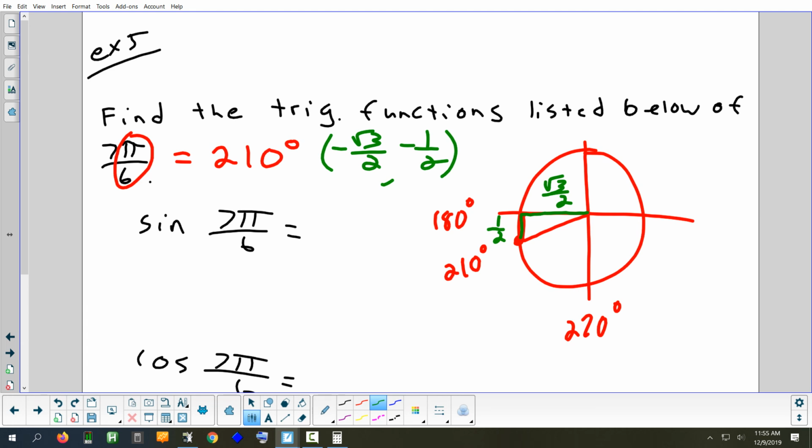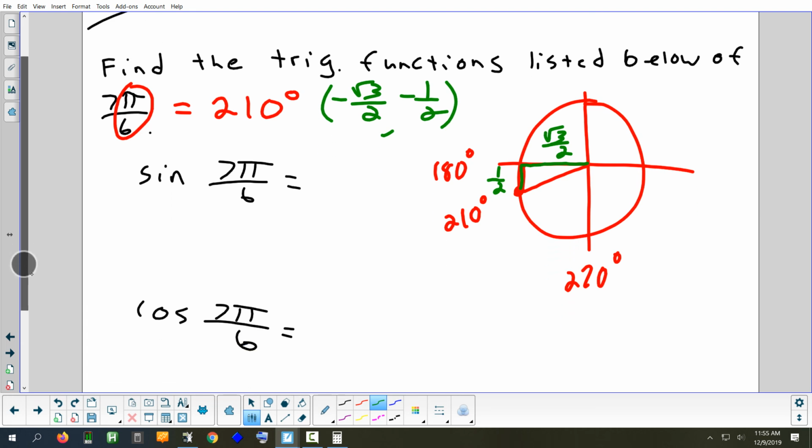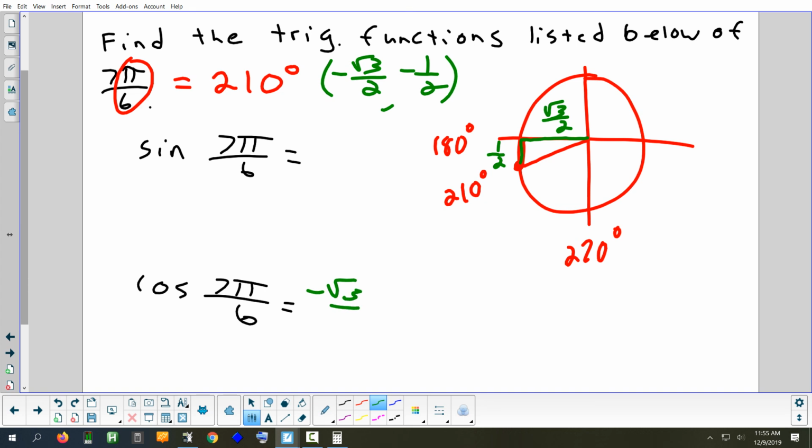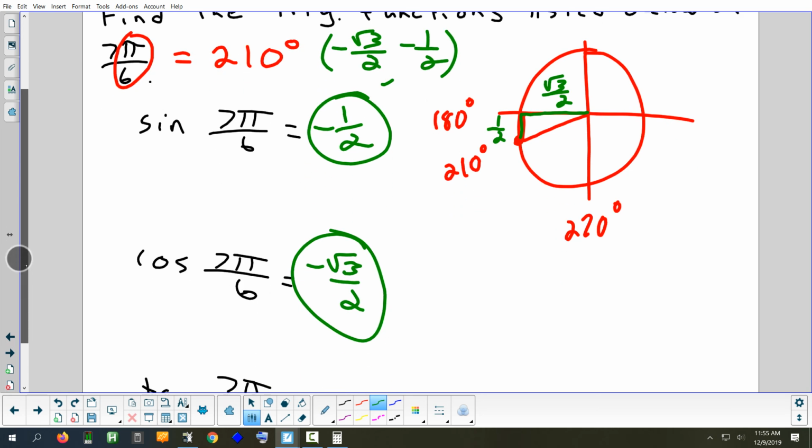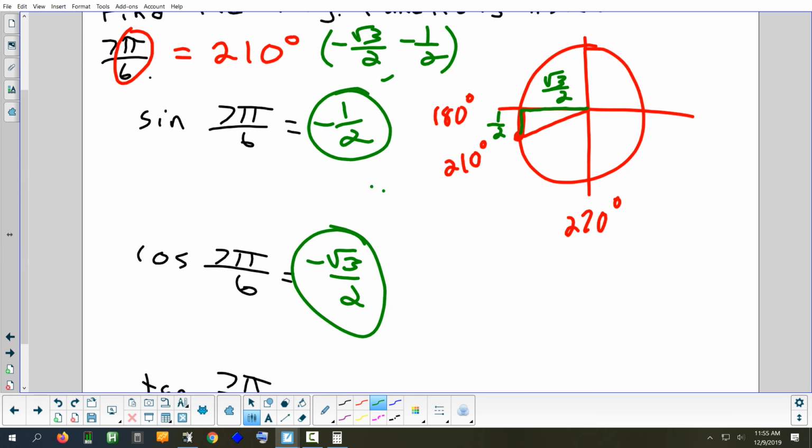So Sam, what's my sine? It would be negative root 3 over 2. That's my cosine. So cosine is the x. Sine is the y. And now just imagine putting a division line right there.